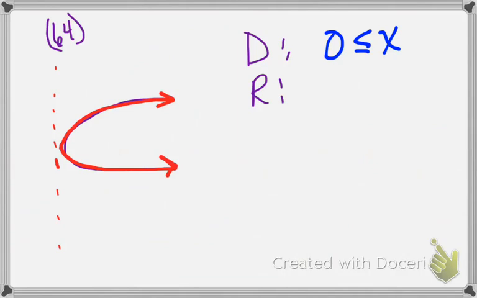Now when we look at the y part, the y values are actually going up, and they're going to continue to go up. And the y values are also going down on this side, and then it's going to continue to go down. So there's not going to be a stopping point for the range, which means the range will be all real numbers.